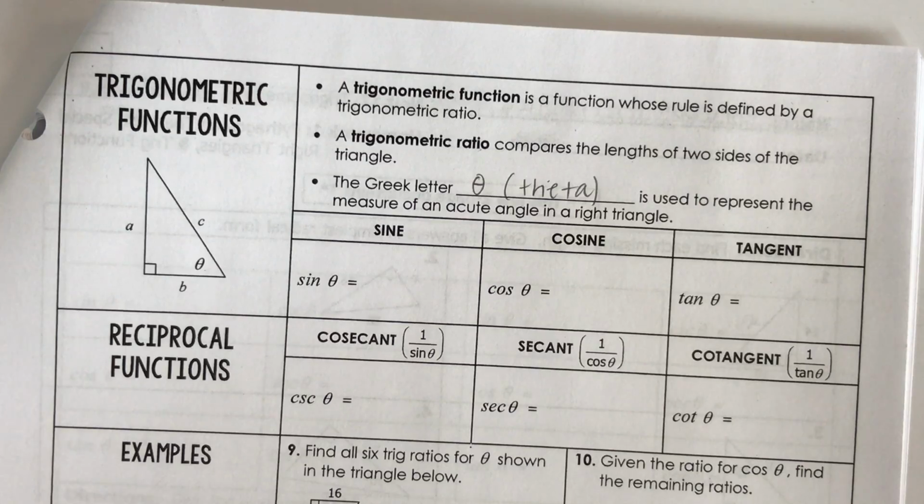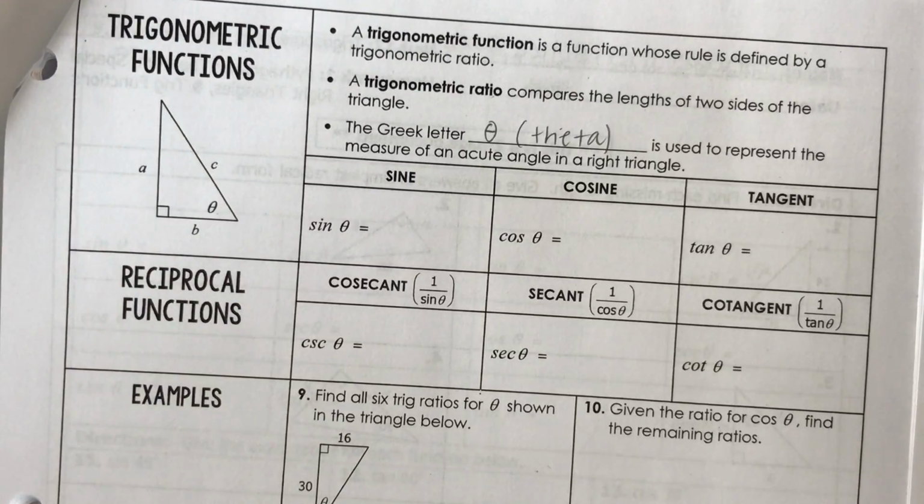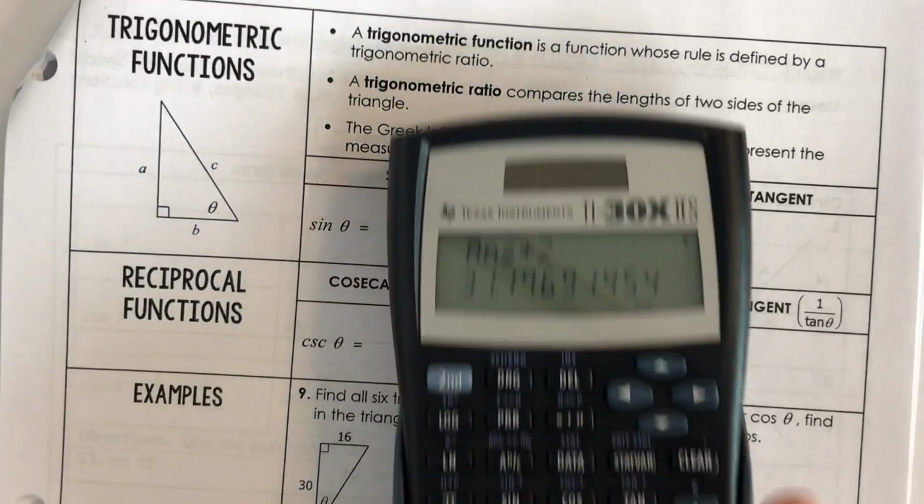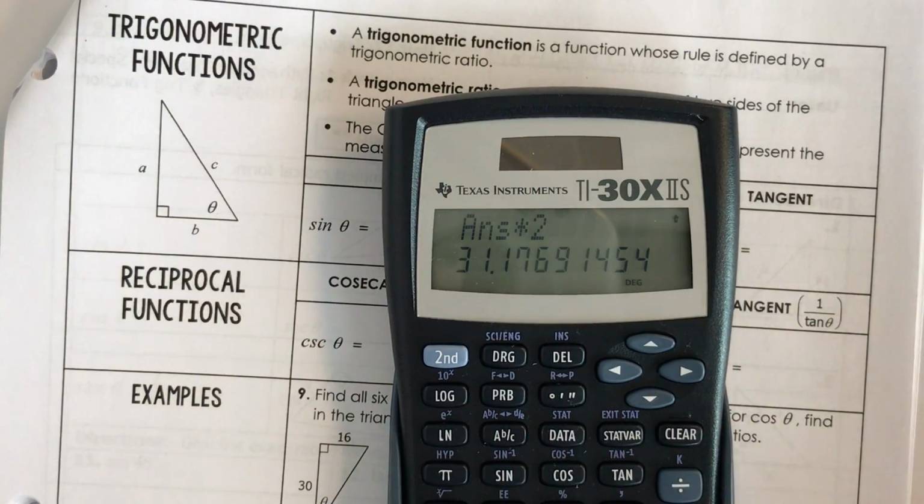Here's the thing. You need a scientific calculator. If you do not have one, you will need to go buy one. While you're in class with me, you can use mine, but I only have 25 of them, so they cannot go home with you. They have to stay here with me, so you must go buy one. These ones here are $12 at Walmart.